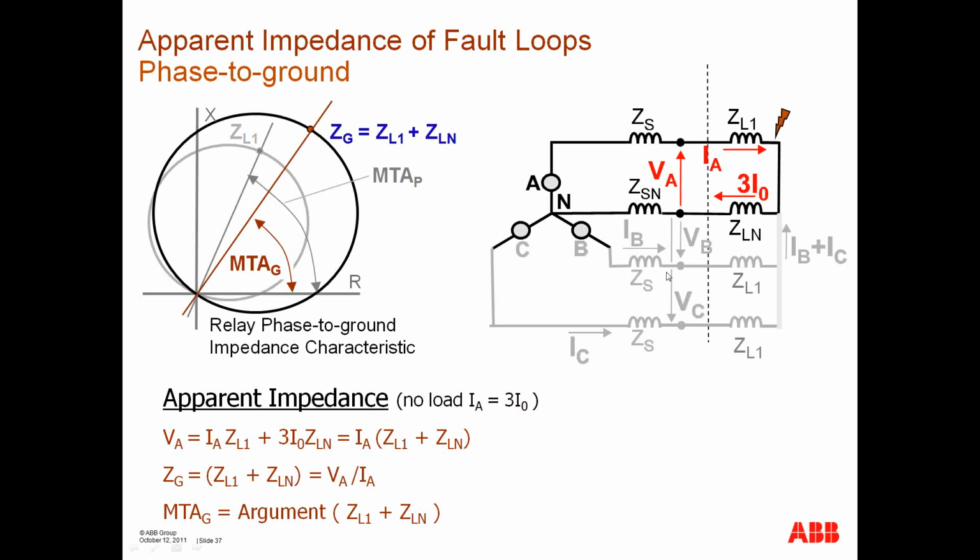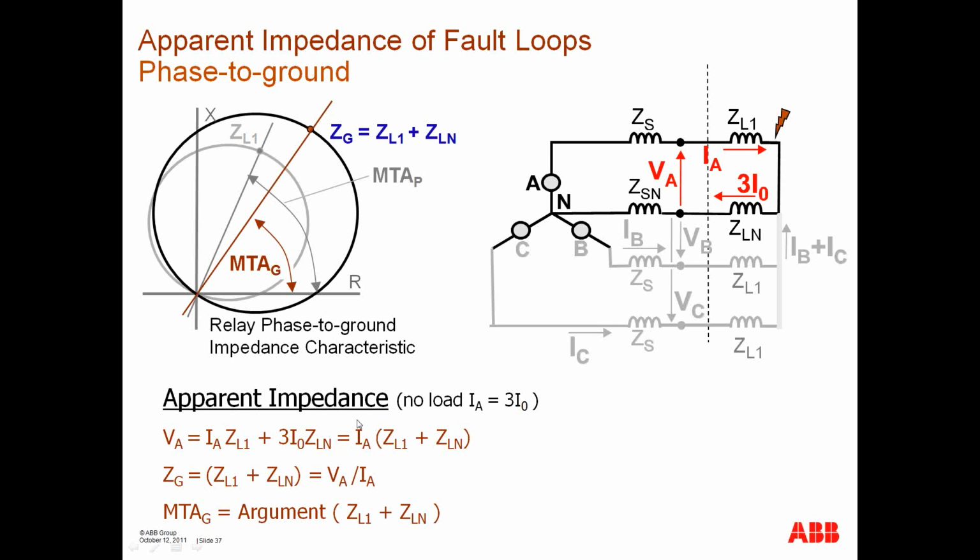Again, this is the phase to ground loop. If I look at my phase to ground loop, this is where my relay is. I'm measuring this impedance with this fault current. And then down here I have 3I0 returning in my ground path and this return ground path impedance. So VA is equal to IA times this value plus 3I0 times this value.